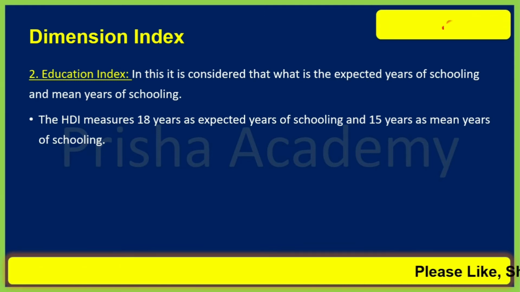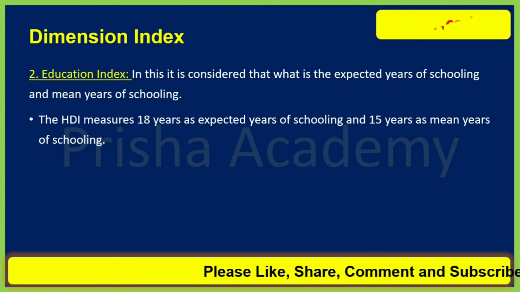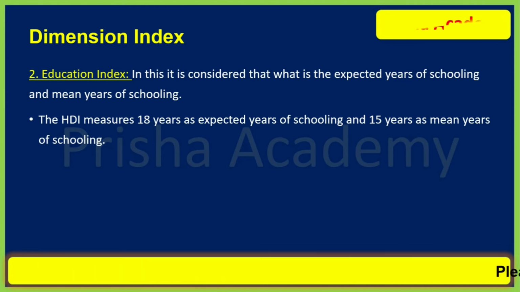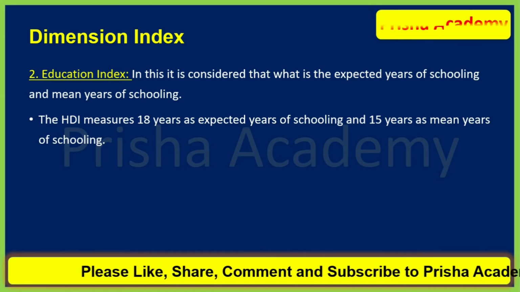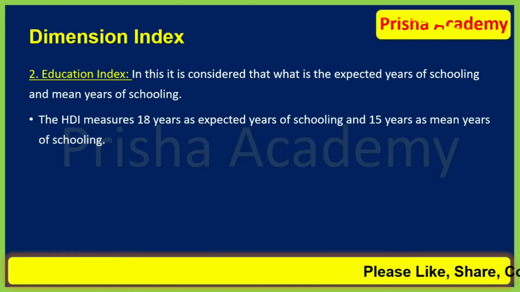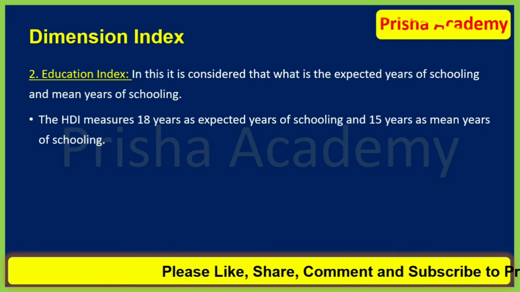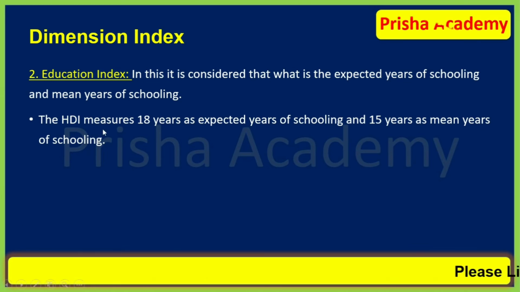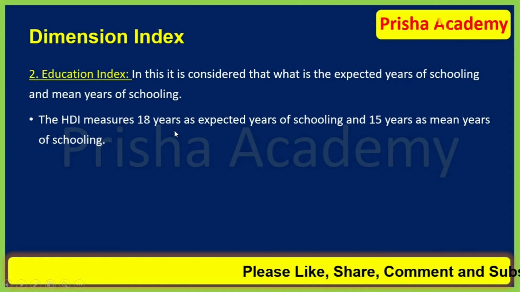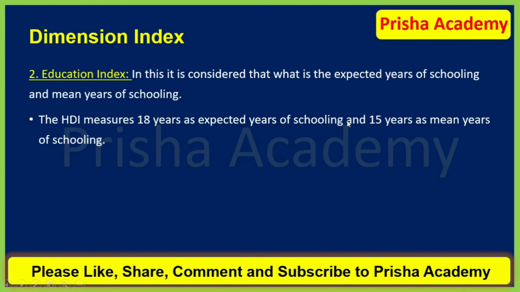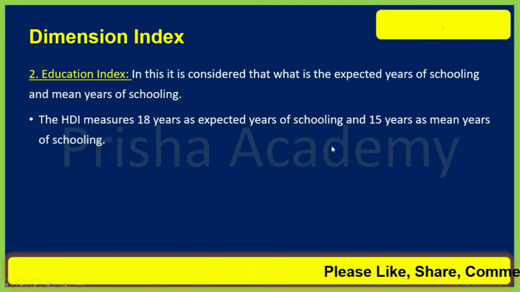So it is expected that a person should complete his post graduation, spending at least 18 years in schooling. But as a minimum average, they can do the undergraduation, which requires 15 years. So for HDI calculation, they take 18 years as expected years of schooling and 15 years as mean years of schooling.